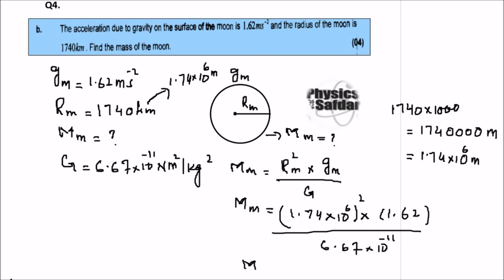After the simplification, we get 7.4 into 10 raised to the power 22 kilogram, and that is the final answer.